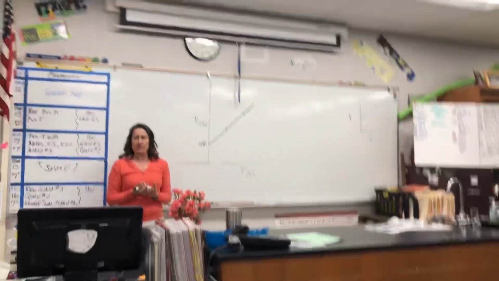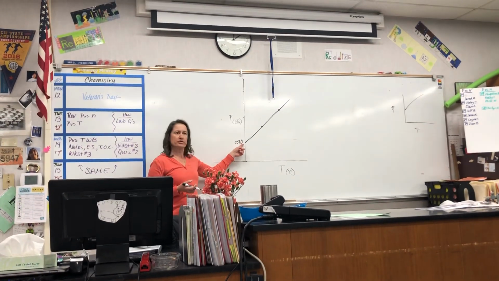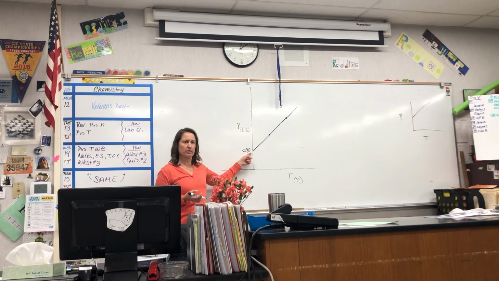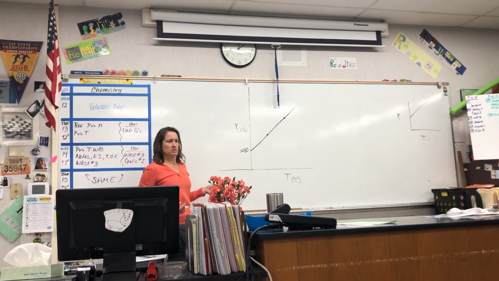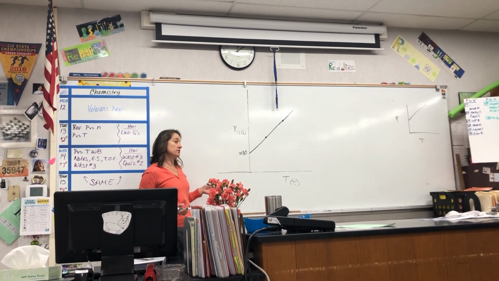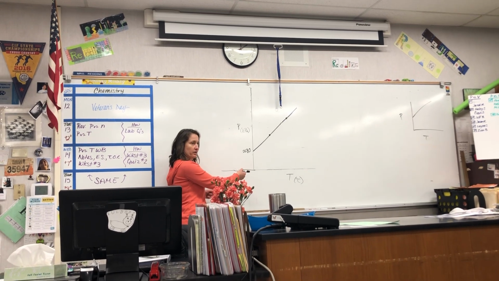So if there is pressure, the particles are still moving. So how do we get them to a pressure of 0? Where would pressure be 0 on this? Way in the negative of temperature, which would be this way, right?